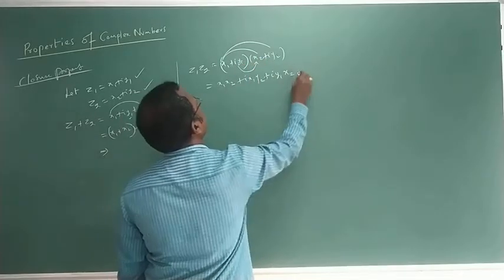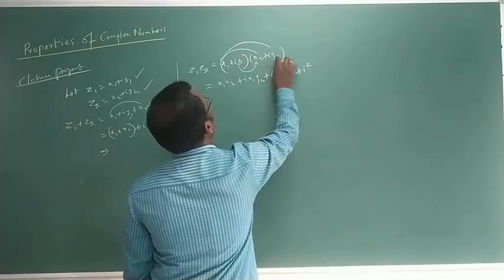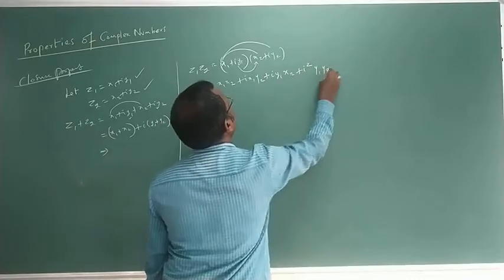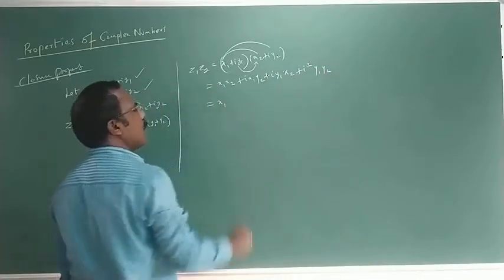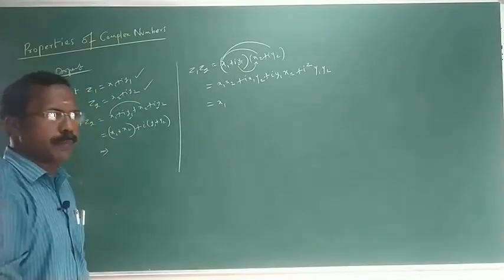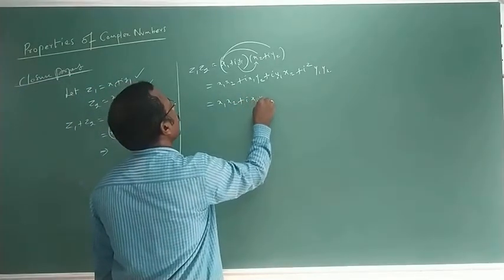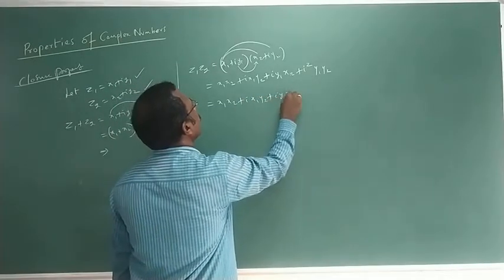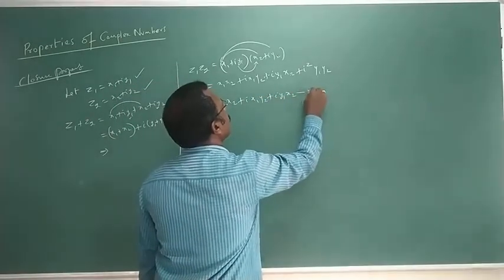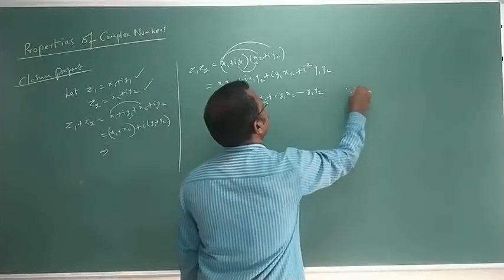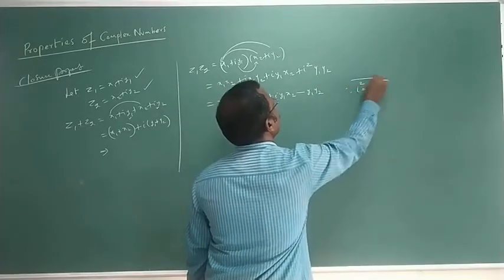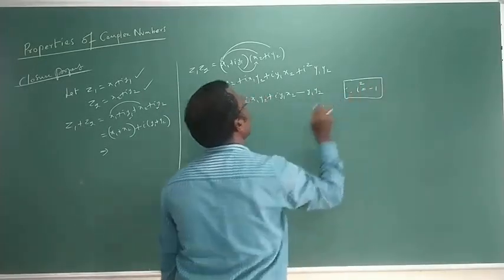Next i into i square y1 y2. We know the property of complex numbers: i square equals minus 1. Therefore x1 x2 plus i x1 y2 plus i y1 x2, and i square is minus 1, therefore minus y1 y2, using the property of complex numbers.